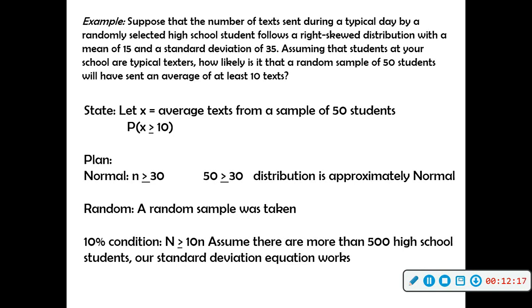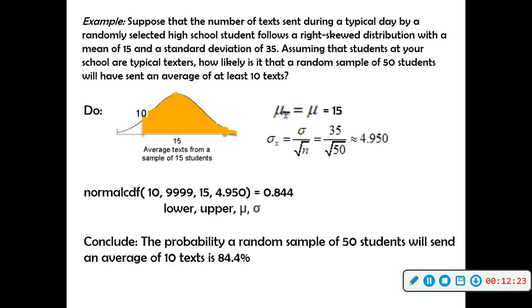So now that we've checked those conditions, we know that our sampling distribution is going to be approximately normal. We know that the mean of that sampling distribution, sorry about the fuzziness here, is going to be equal to 15 because that's what the mean of the population is. Right? And our standard deviation should also have a bar over there.